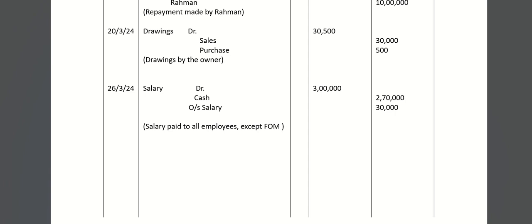Just write FOM. Let it be like that. You can write in detail, no problem. Now we know we paid salary to all except FOM, for the amount of 30,000, which is outstanding.